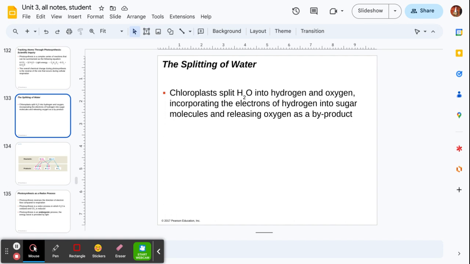We talked about how electrons have energy, how they're circulating very quickly around the nucleus of the atom. And so they have energy. And so we're going to liberate that energy from the atom that it's in. And that happens as a result of the sunlight. The sunlight's going to do the job of actually splitting that water for us.